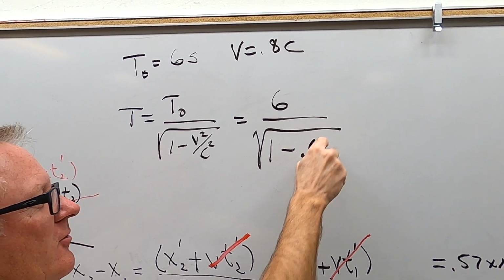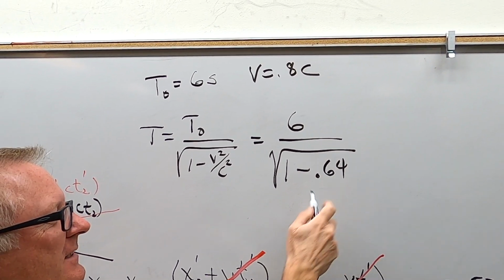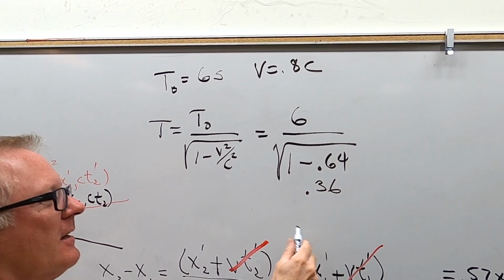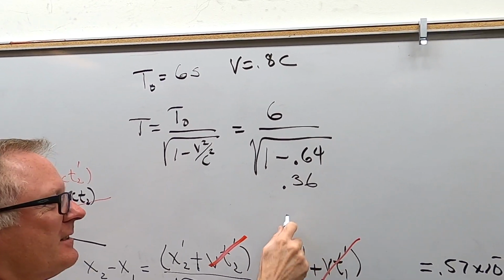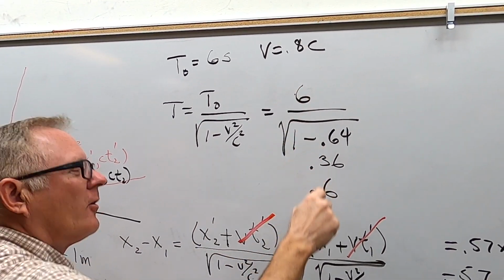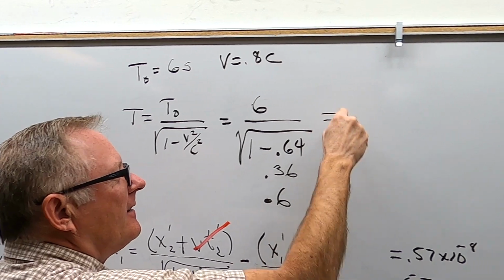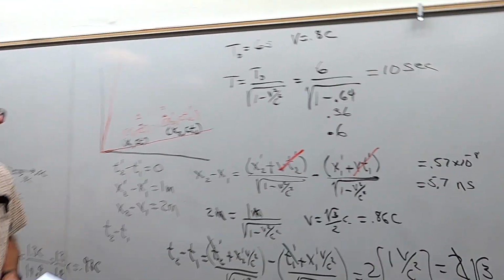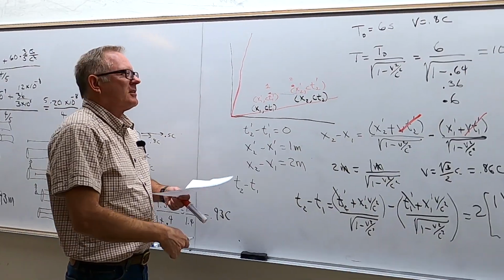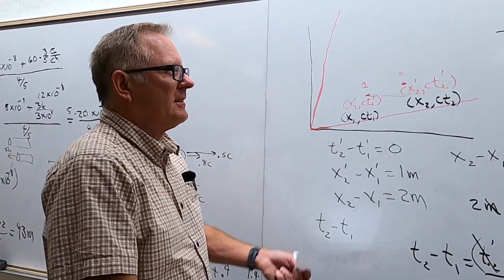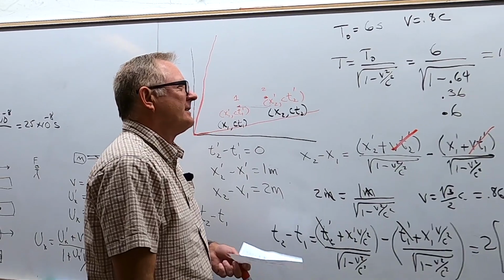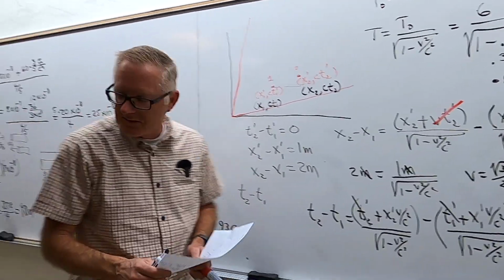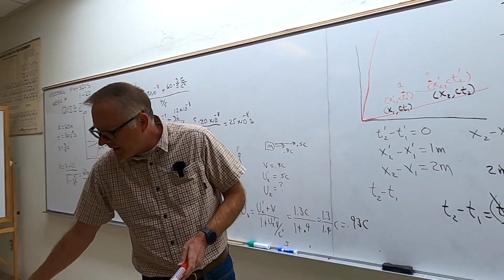That's 0.64. 1 minus 0.64 is 0.36. The square root of 0.36 is 0.6. 6 over 0.6 is 10. So he lives longer. He's moving faster. When we look at him, his clock is slower and he's living longer. He's going to live for 10 seconds. Okay, so there was the quiz.